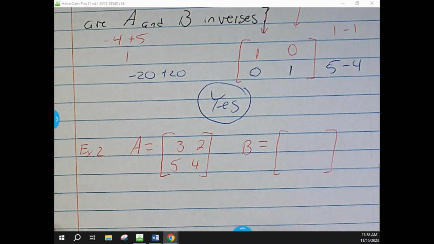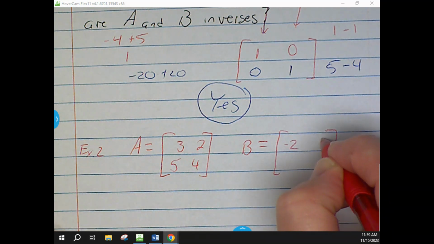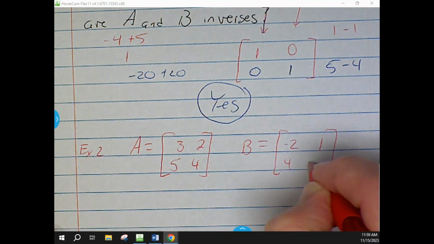And for matrix B, let's go with -2, 1, 4, -3.